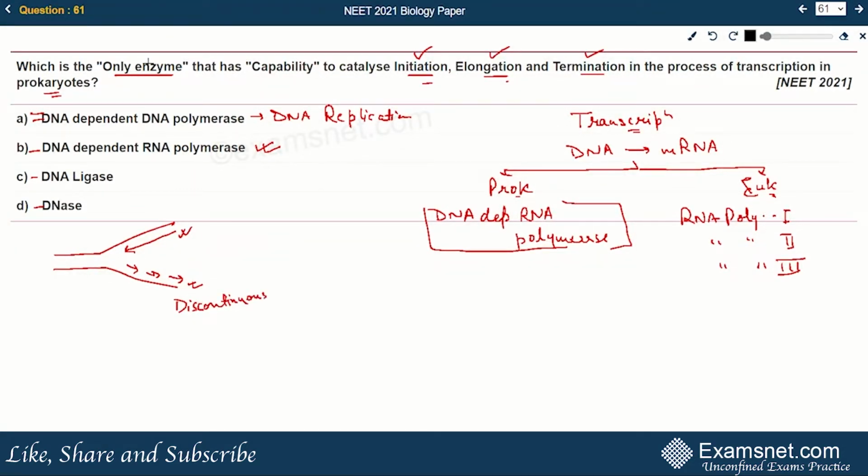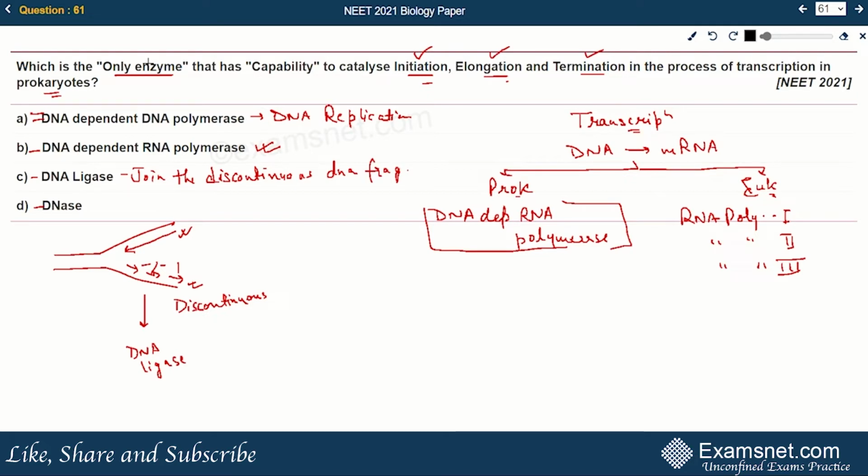These broken fragments are joined using an enzyme known as DNA ligase. So this DNA ligase is used as a glue to join the discontinuous DNA fragments.